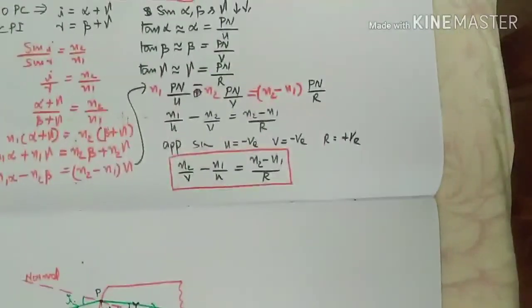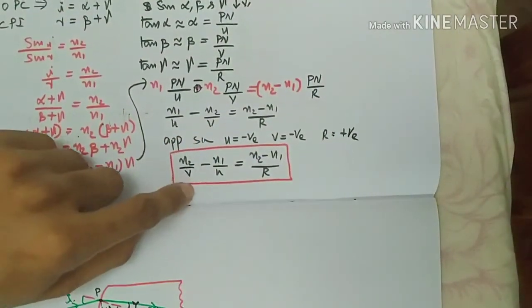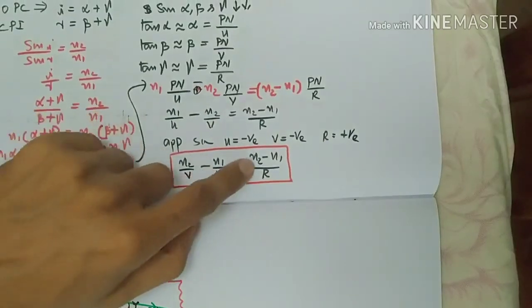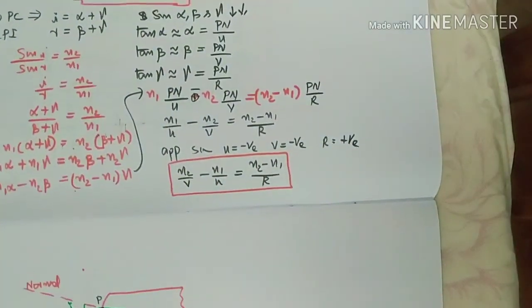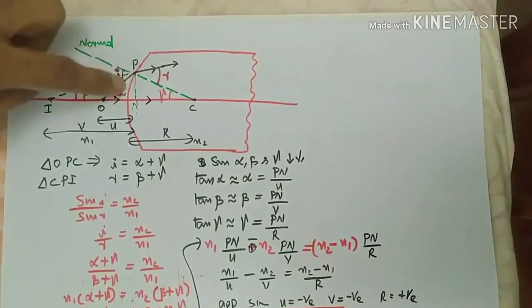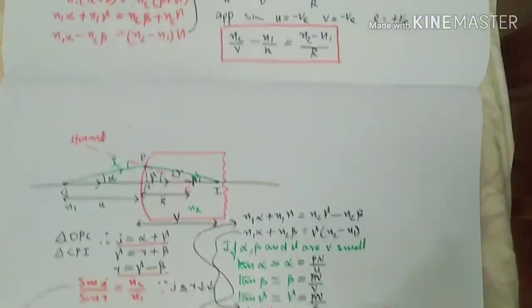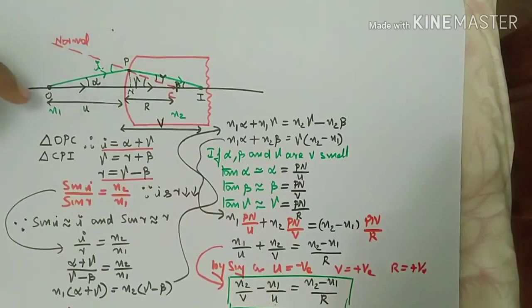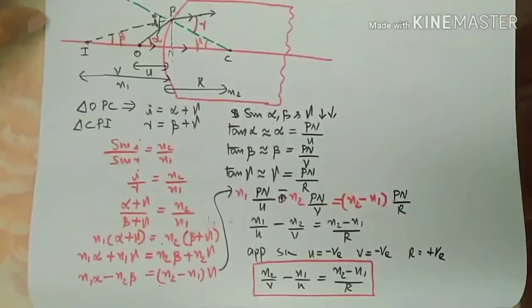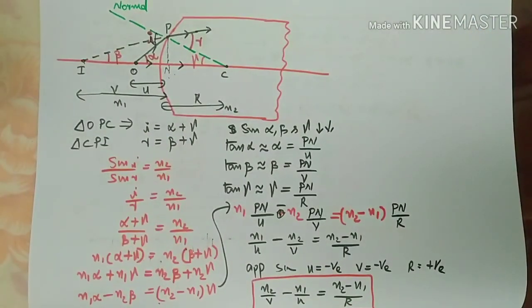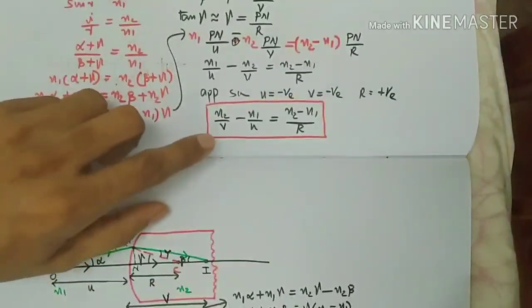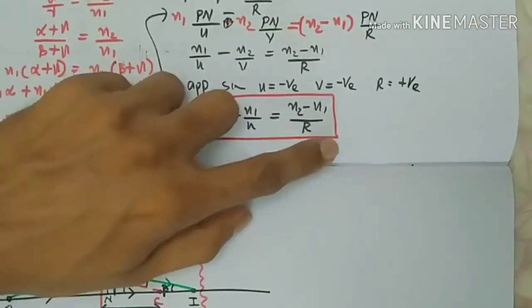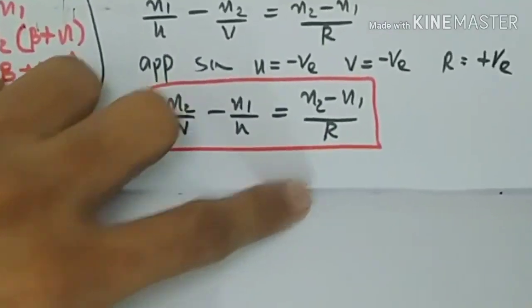That is the same. For this diagram and for that diagram, that is, if the object is in the rarer medium, whether the image is real or virtual, in both cases we get the formula n2 by v minus n1 by u is equal to (n2 minus n1) by r.